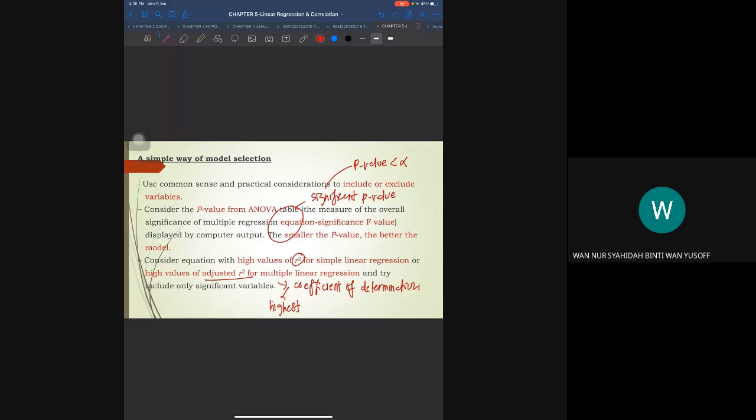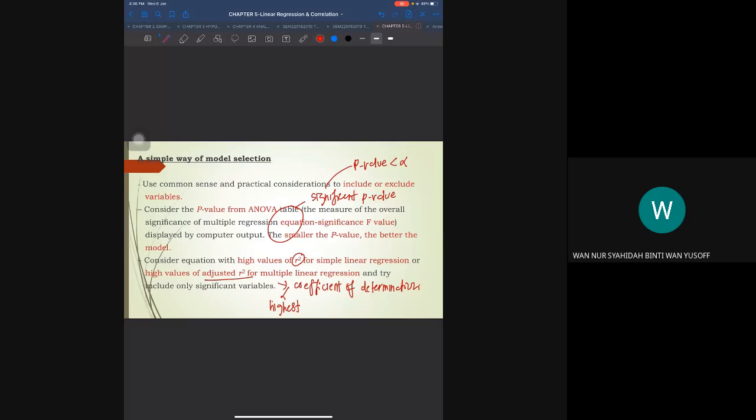Because when we choose the best model, we choose among a mix of models from simple linear regression and also some models from multiple linear regression. As what we discussed before, for simple linear regression we have R square for the coefficient of determination, but for multiple linear regression we use the adjusted R square. But both are coefficients of determination, which means they have similar characteristics. So we can compare those two values to each other.